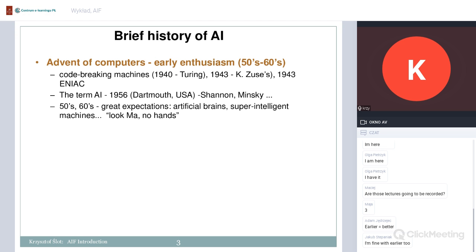So this brief history, I will just take a while. It began together with computers. So artificial intelligence as a science, as a research, originated at the moment where computers were developed. Computers were developed for the purpose mainly of code breaking.